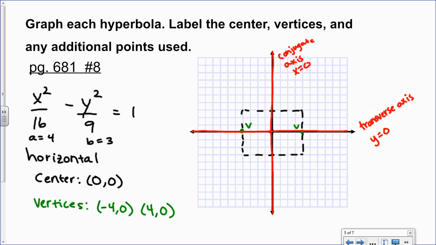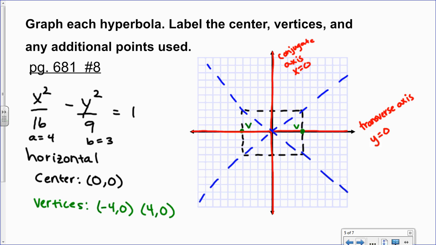Okay, drawing your asymptotes so then we can draw the hyperbola. So they go through the diagonals. We will talk about their equations, but let's go ahead and sketch in the hyperbola.